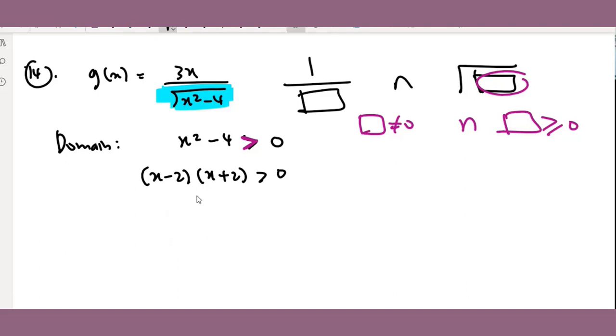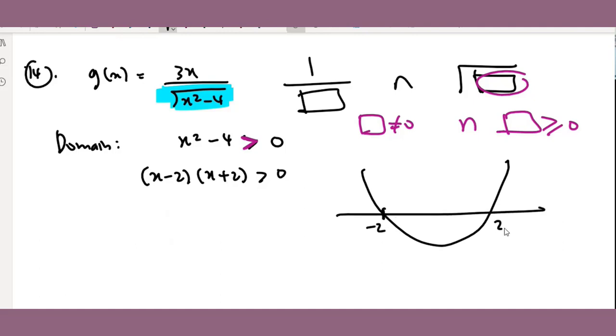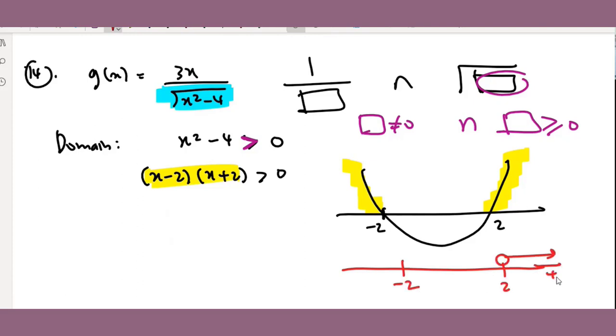Because it is a quadratic, the graph is a smiling face with roots at -2 and 2. We want the graph positive, above the y-axis. If you transfer to the number line, -2 and 2 are not included.